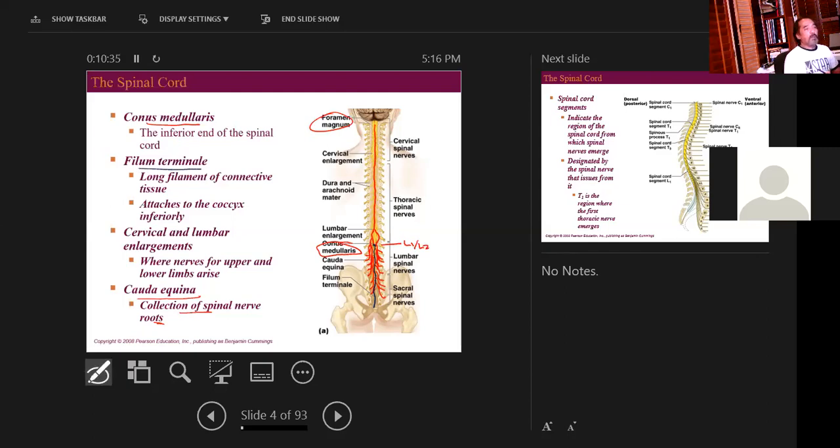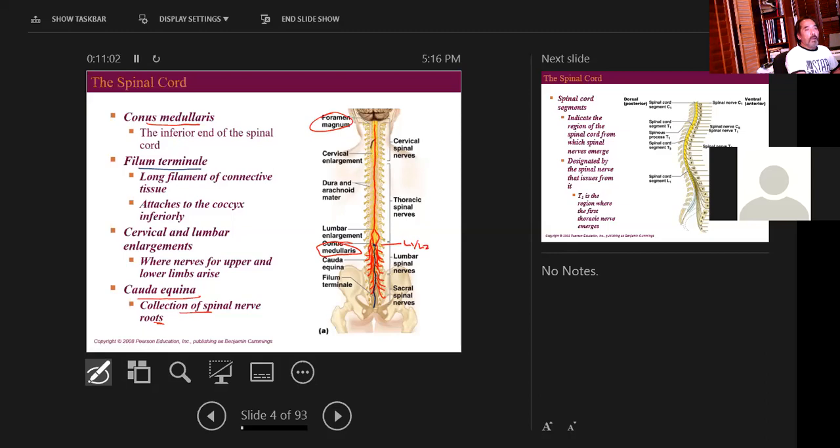It's made out of connective tissue. The purpose of the filum terminale is to hold on to the spinal cord so that when you jump up and down, it doesn't recoil up and down, or else you're going to damage the spinal nerves. So it exists at the end of the conus medullaris, and it ends and attaches to the coccyx vertebrae.